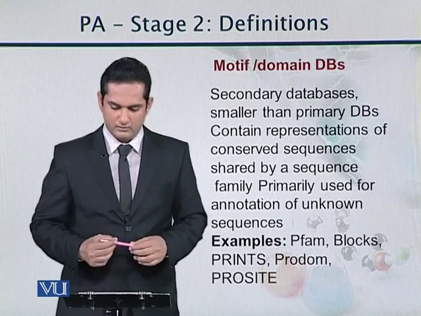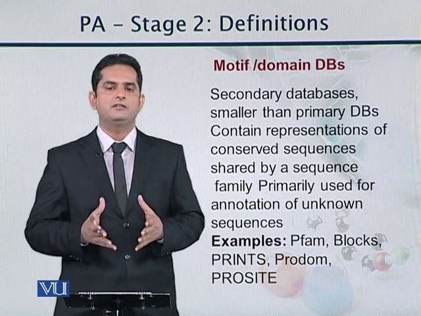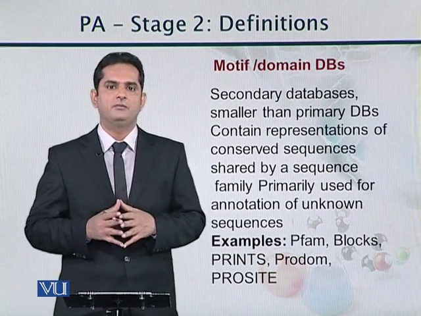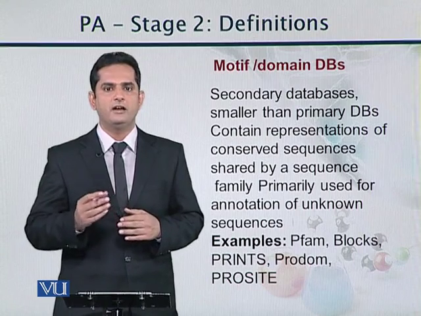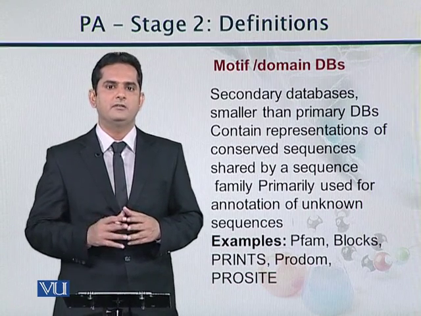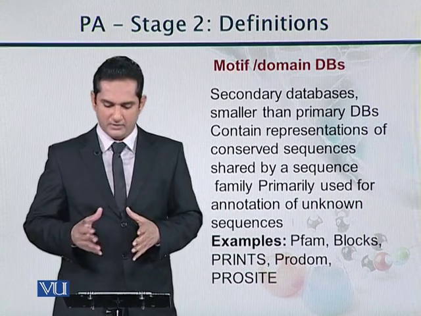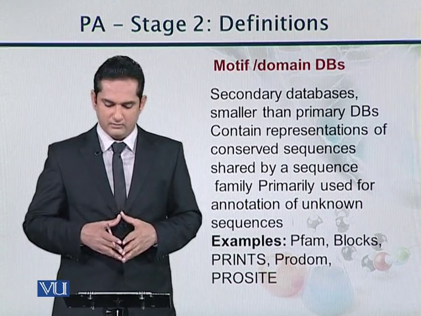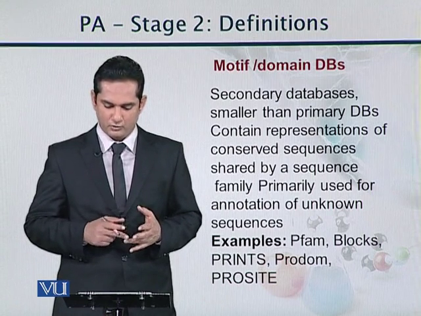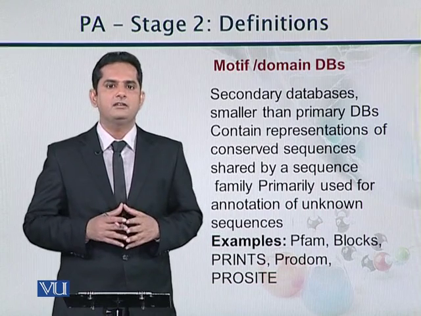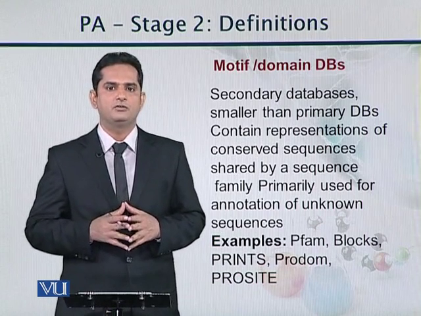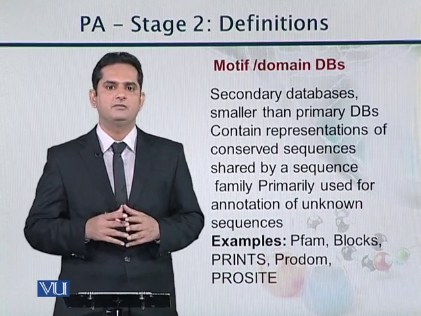So moving on, what is the purpose then of this information? Based on this information, we have different databases which are available for protein sequences. Among these databases, we have PFAM, BLOCKS, PRINTS, PROM, and PROCITE, and there is a common name for these databases also, which is called secondary databases. Why?